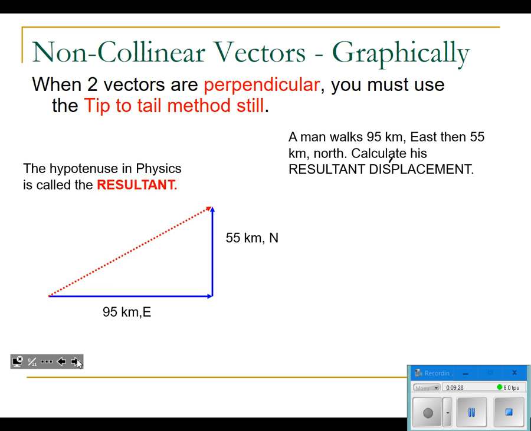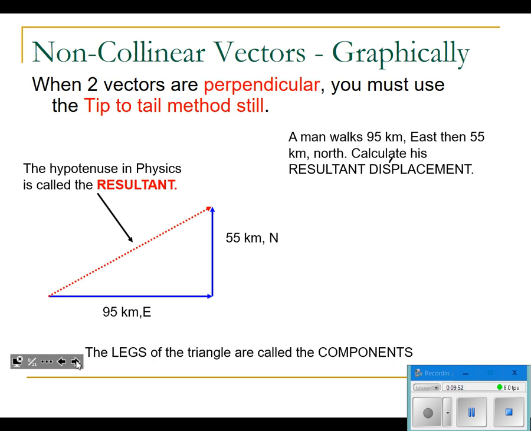This hypotenuse in physics is always called the resultant. The legs of the triangle, the adjacent and opposite sides, we call our components.